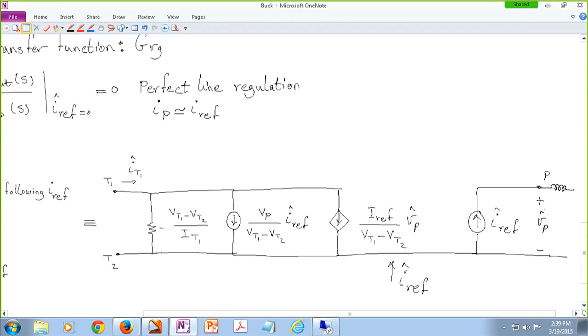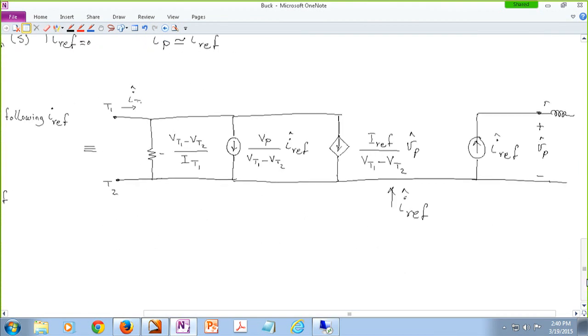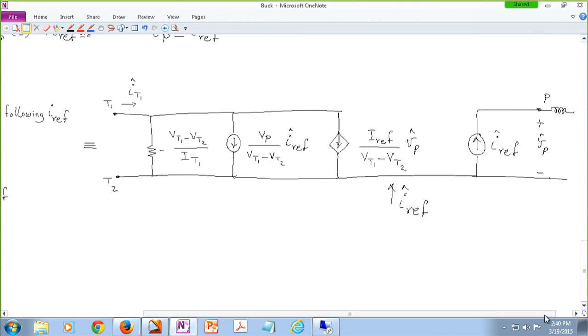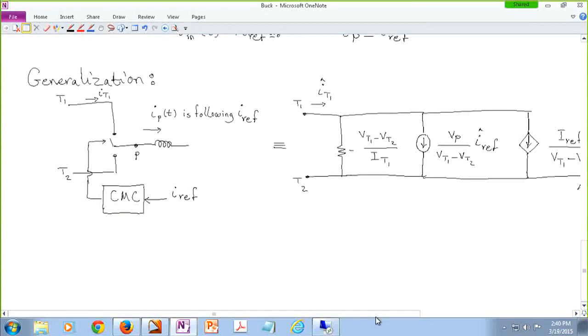All right, so to practice this model, I'm going to apply it to the boost converter.